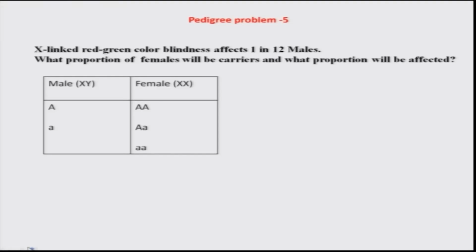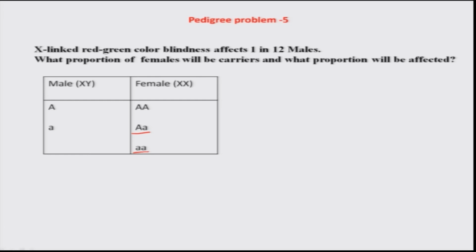Now let us look into the problem. This is an X-linked red-green color blindness, which affects 1 in 12 males. What proportion of females will be carriers and what proportion will be affected? So what we need to calculate here is what proportion of females would be carriers, that is capital A small a, and what proportion would be affected, that is small a small a.